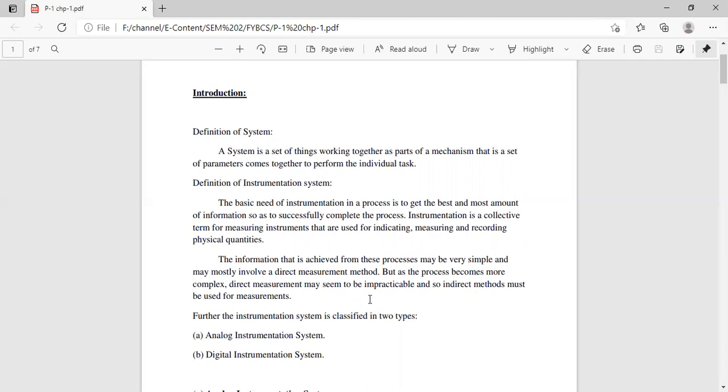But as the process becomes more complex, direct measurement may seem impracticable, and so indirect methods must be used for instruments. So basically, what is direct measurement? If we want to measure the temperature of a room, we are not going to send a person inside the room to measure the temperature.